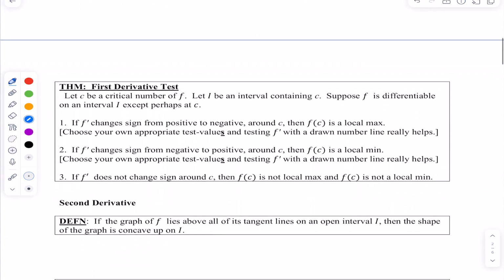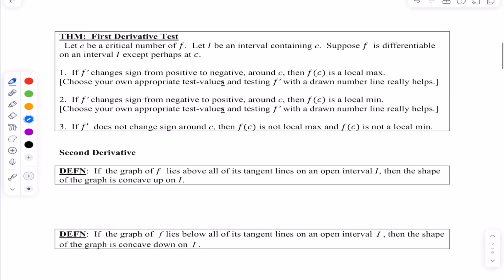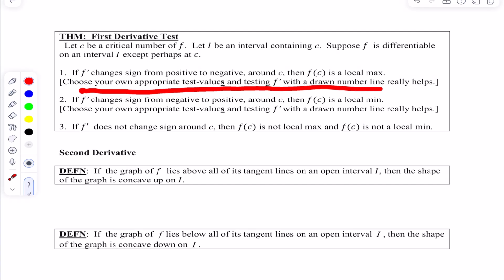The first derivative test is basically summarizing the picture that we just analyzed. Make sure you're able to read this very carefully. Make sure you understand what it says. But ultimately, we'll view an example to see how testing is going to be so important. You're basically going to choose your own appropriate test values, and you're going to test this first derivative one open interval at a time.